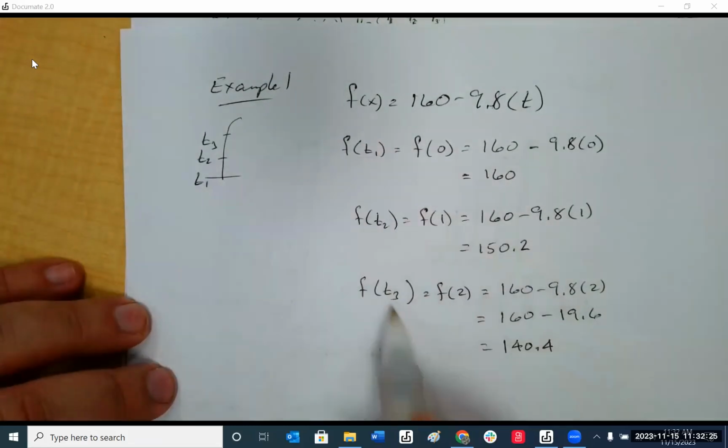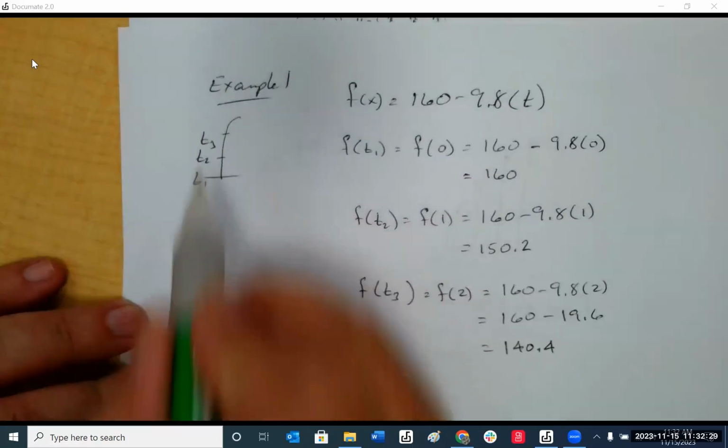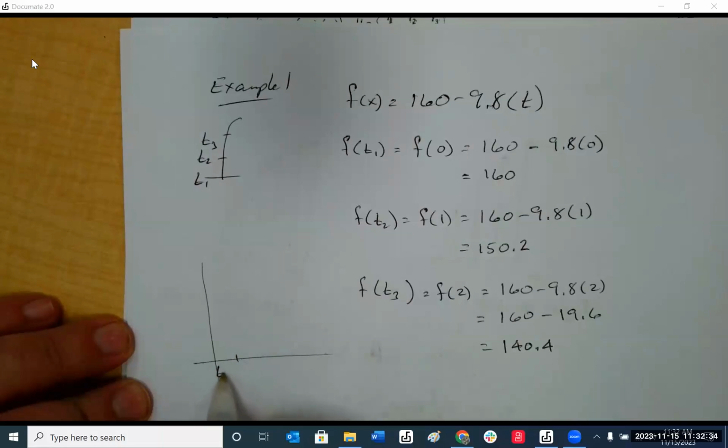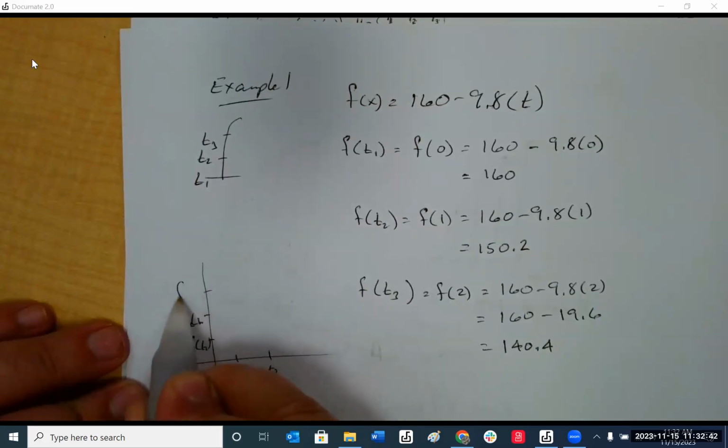Okay, those are just the F functions. These are the vertical values: F of T1, F of T2, and F of T3.